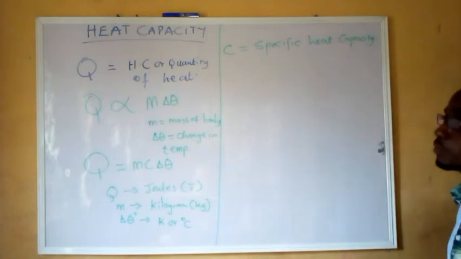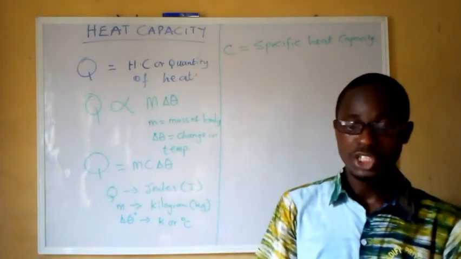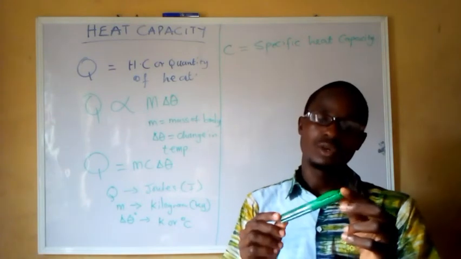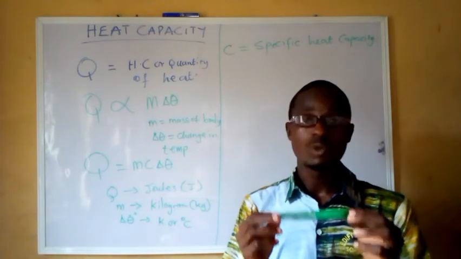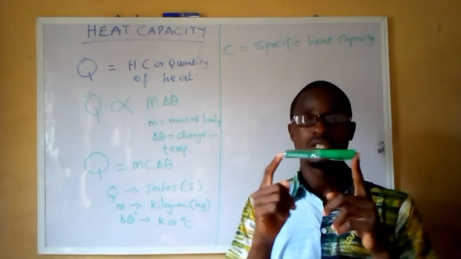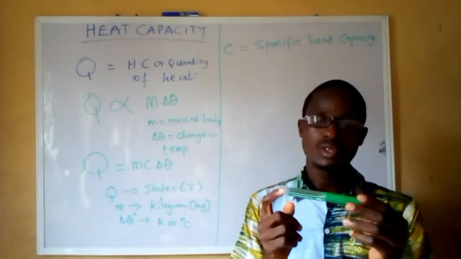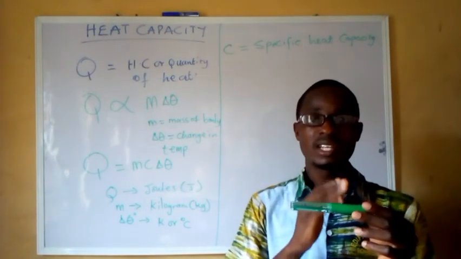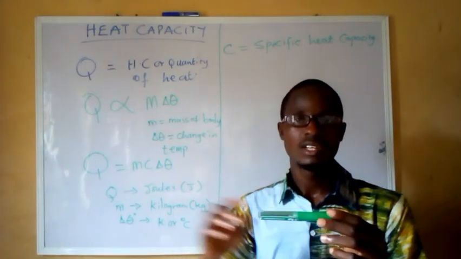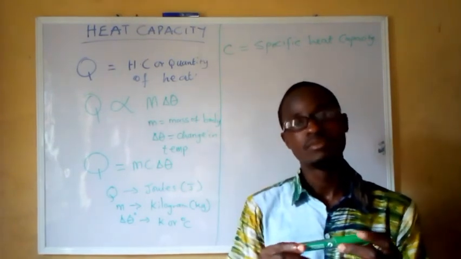Let's give a definition for specific heat capacity. Initially I made mention that the quantity of heat required to raise the temperature of the whole body by 1 Kelvin is the heat capacity. Now let us consider that I divide the mass of this body into units, as small as 1 gram.